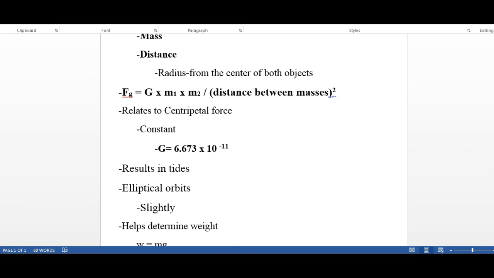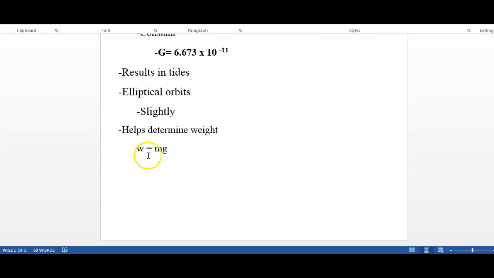And gravity also helps determine our weight. If you're on the Earth, thinking, how much do I weigh? That's due to the force of gravity. Okay, and W is just the F of G. We take the mass of the person times gravity, 9.81. Whatever your mass is, you multiply it by the acceleration due to gravity, and that gives you the force.